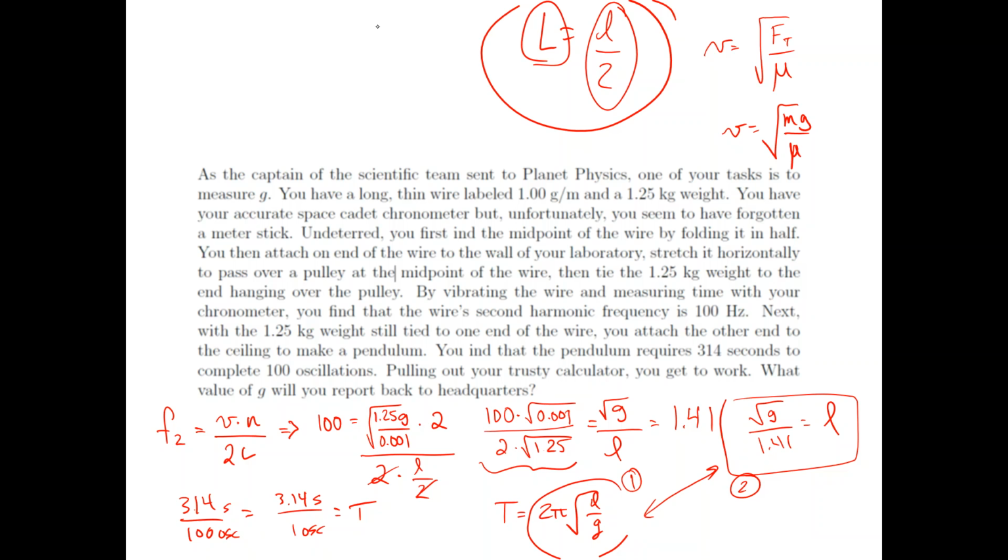So now, okay, so I'm going to say that 3.14 is equal to 2 pi times the square root of the square root of G over 1.41, all that over... How the heck do you solve this?